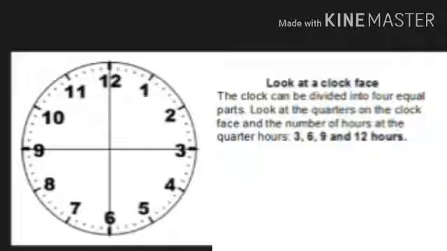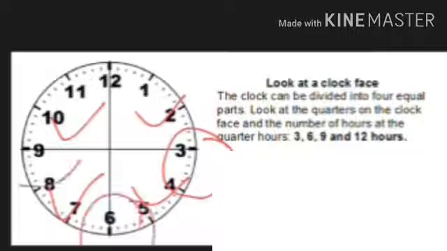A clock can be divided into 4 equal parts: 1, 2, 3, 4. And each part is called a quarter. Look at the numbers 3, 6, 9, 12. At these numbers only we can divide the clock into 4 equal parts.